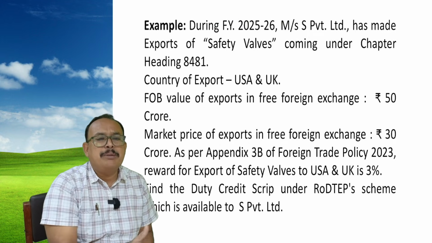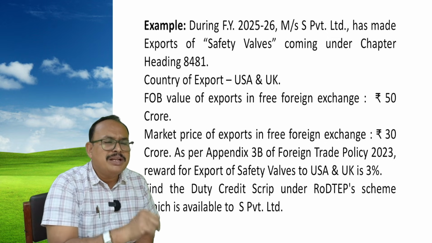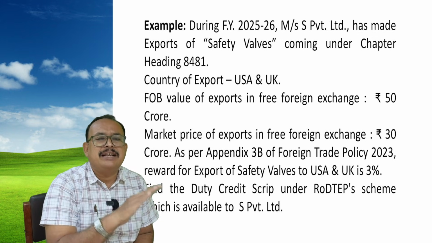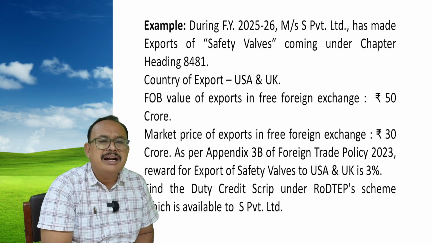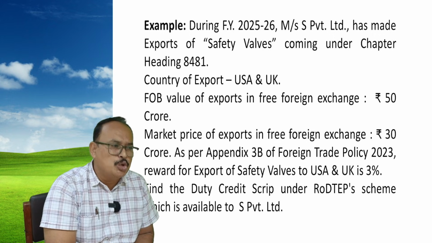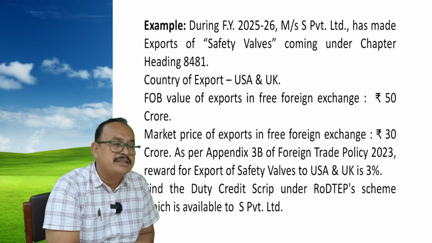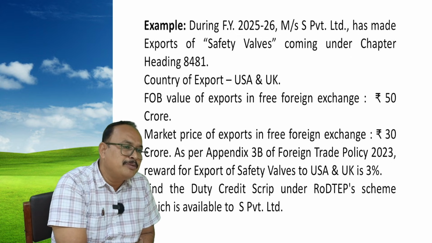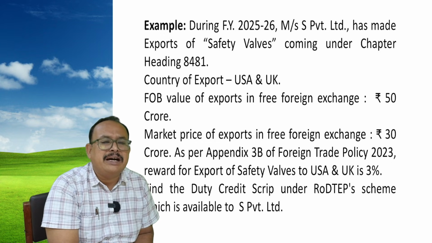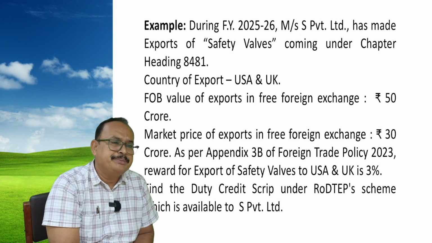One example I am bringing to your notice, reading as follows. During the financial year 25-26, S Private Limited has made the export of safety valves coming under chapter heading 8481, country of export USA, UK, FOB value of export in foreign exchange 50 crore rupees. How much? FOB value of export 50 crore rupees. Market price of the export product in foreign currency converted into Indian rupees is 30 crore rupees.